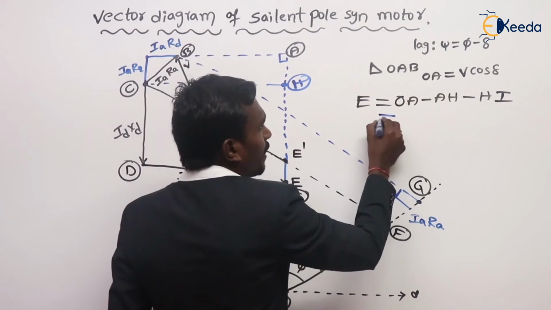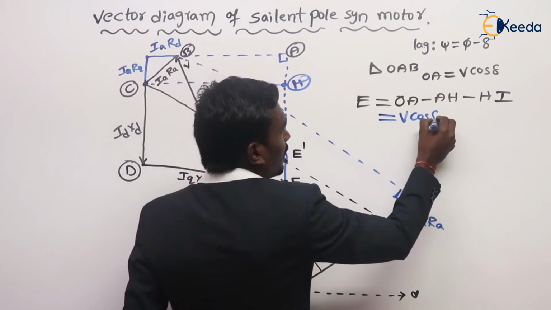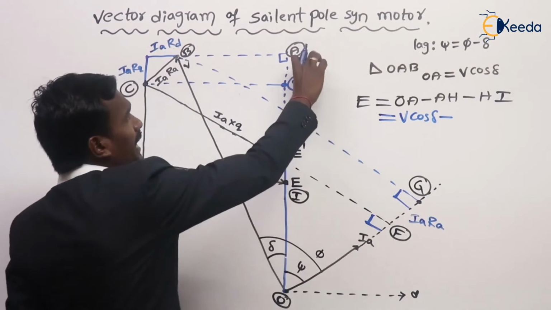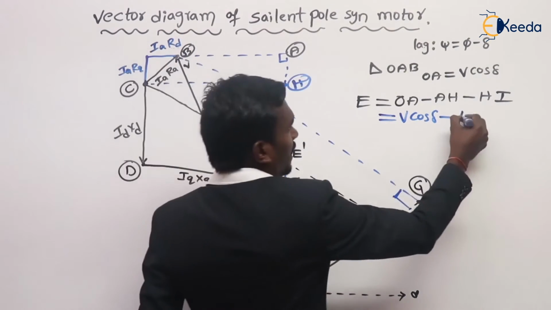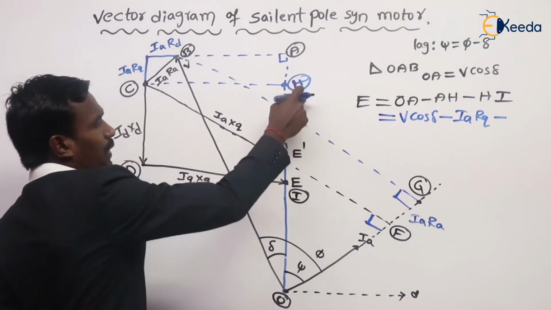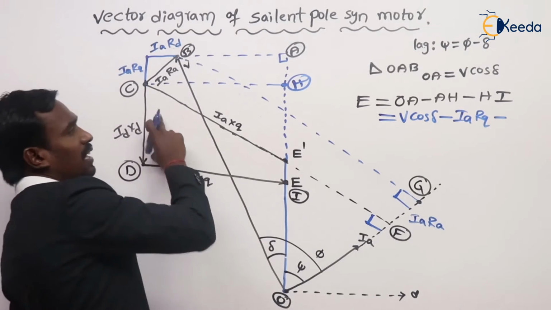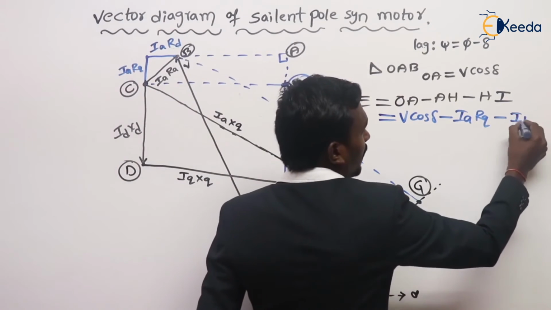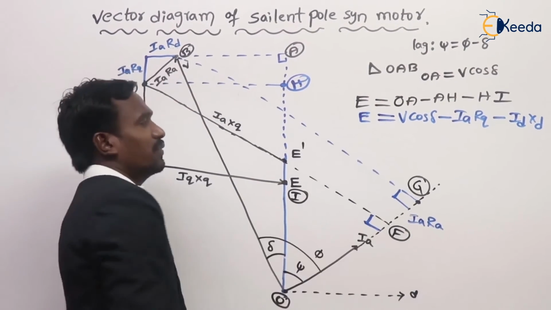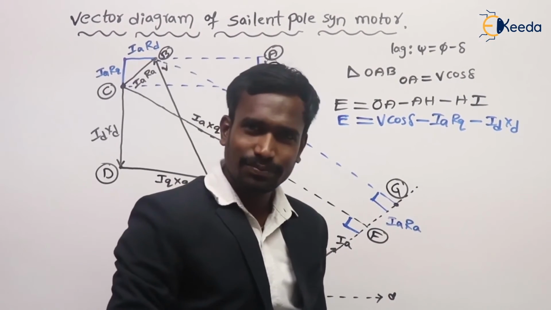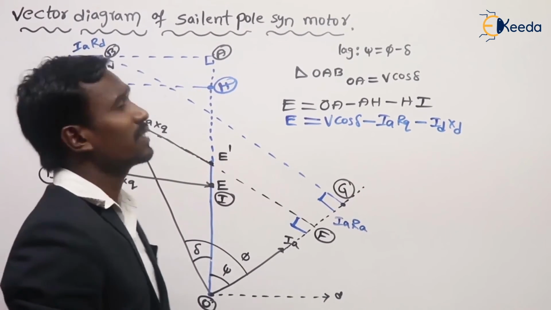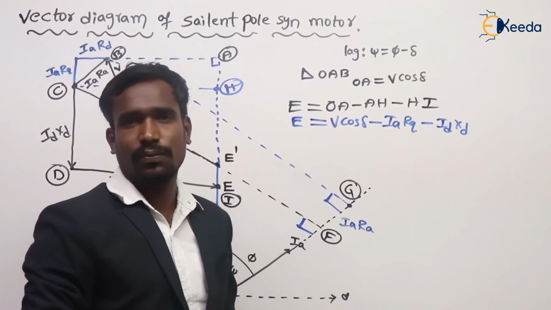OA is V cos delta, minus AH. AH is IA RQ, minus HI. HI is ID XD. This is the formula for the EMF equation, very clear. This is the lagging load vector diagram for the synchronous motor EMF equation.